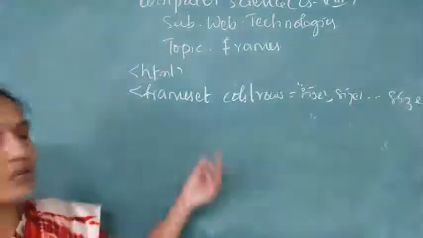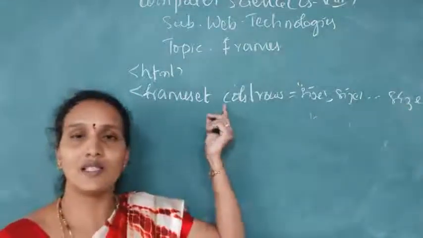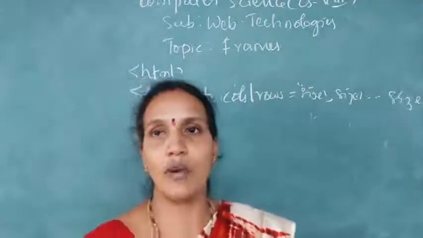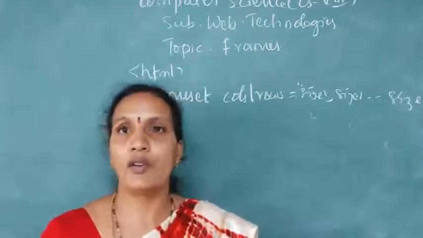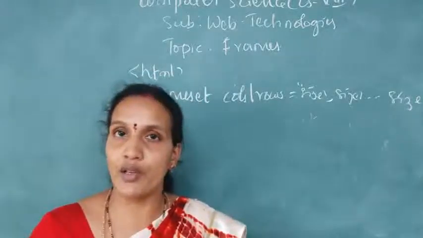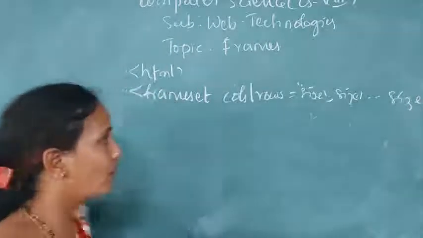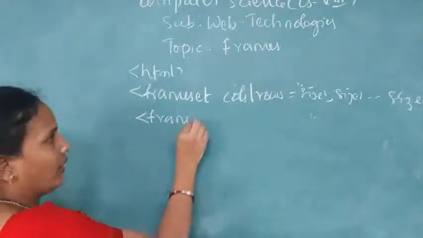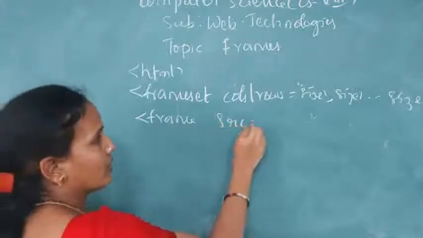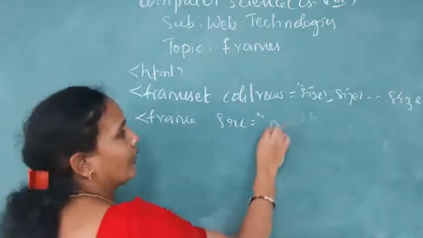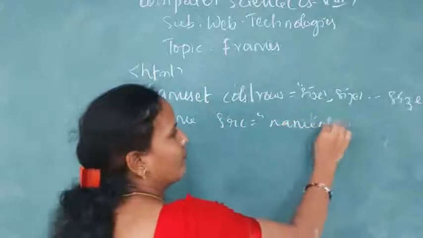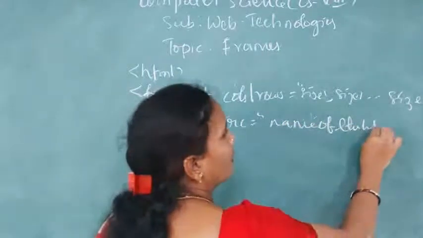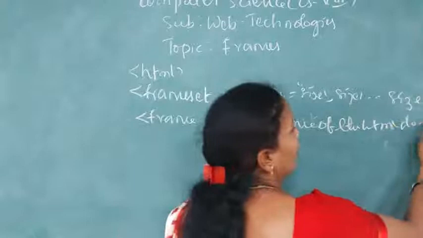What is the use of cols here? Cols gives information about your browser window division, whether you want to divide the browser window into columns or rows. Next, here you give how many frames you want. Frame, src, and the name of the HTML document.